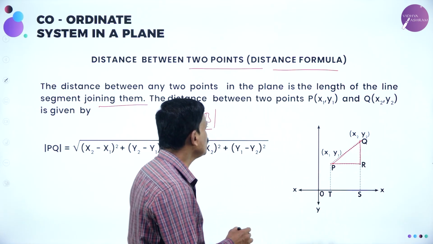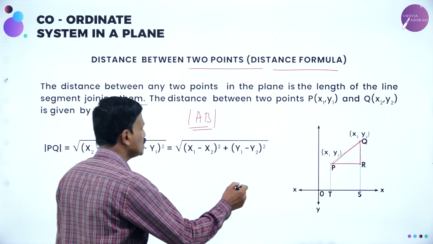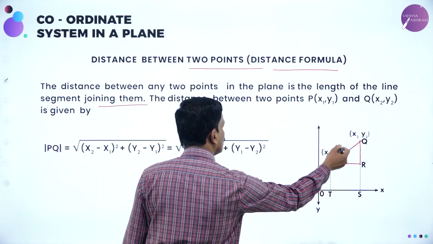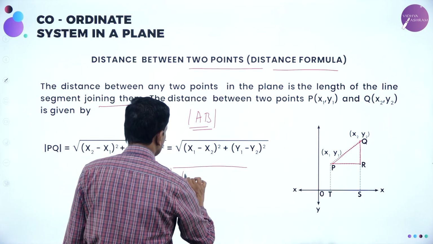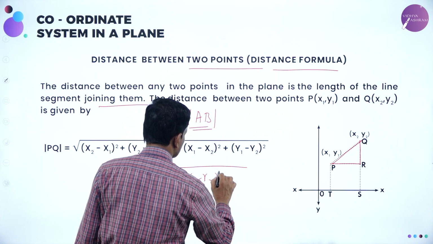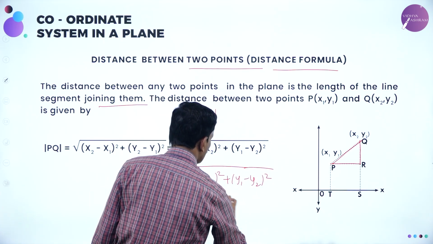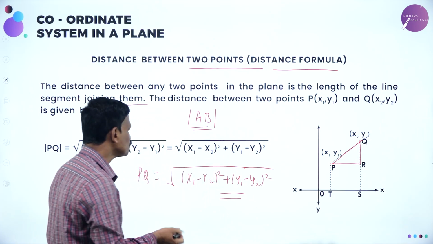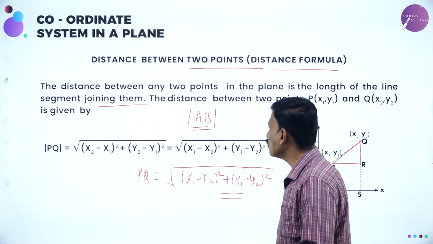So the distance between these 2 points is given by PQ equal to the square root of (x1 minus x2) whole square plus (y1 minus y2) whole square. Or if you want, you can also write it as (x2 minus x1) whole square plus (y2 minus y1) whole square.